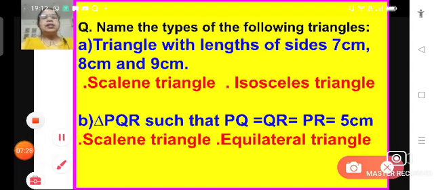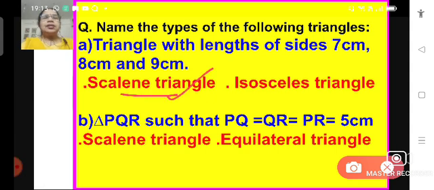So we know that a triangle with all the sides of different length is a scalene triangle. So scalene triangle is the correct option for this. Question B. Triangle PQR such that PQ is equal to QR is equal to PR is 5 cm. Here all the sides of the triangle are of 5 cm. So it is an equilateral triangle.